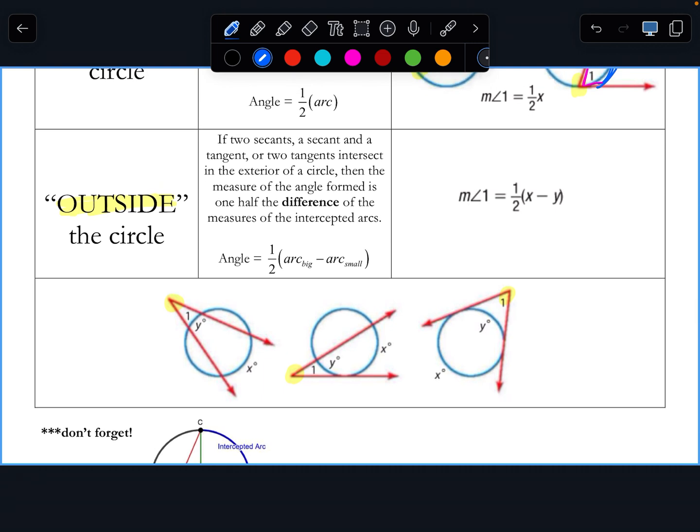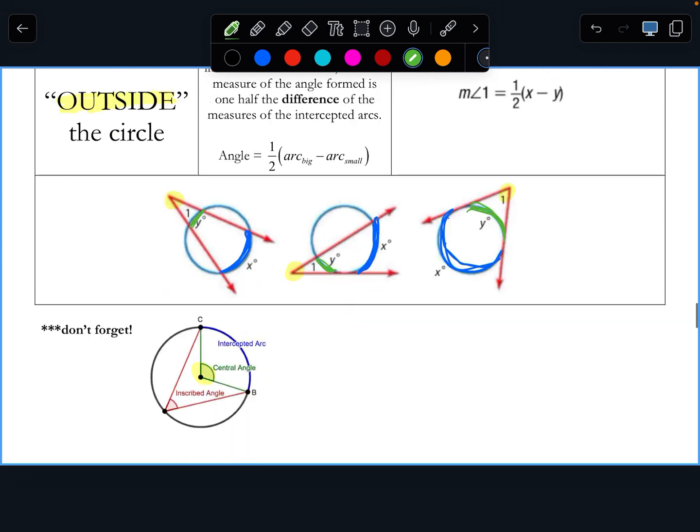And outside the circle, you take the bigger arc, subtract the little one, and then divide by 2. That's how you get the angle sticking out. So once you figure out the vertex: average, cut in half, equal, or subtract and divide by 2. It just depends on where it is.